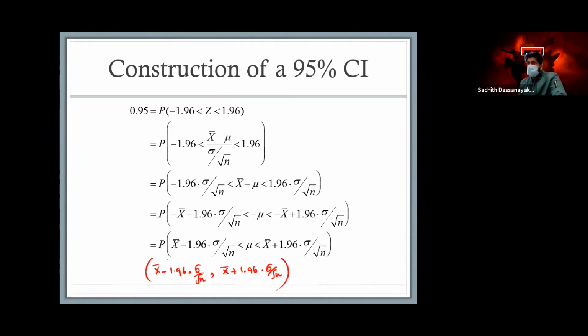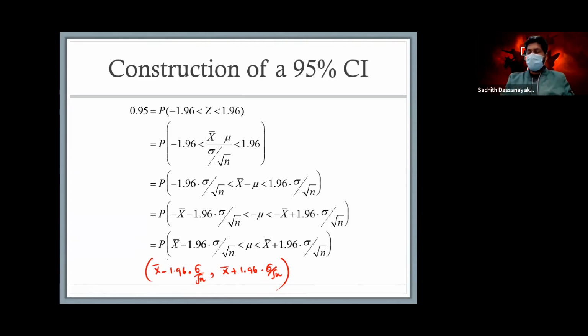This is the interval. Whatever is inside this interval, you can pick as your mu value, within the 95% confidence level.